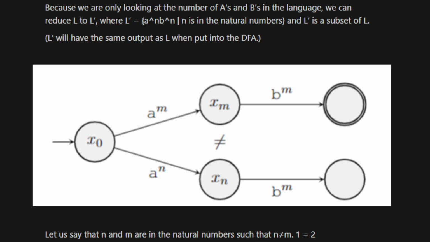Because there's no bound on n, and n is in the natural numbers, and the natural numbers are countably infinite, we can say that xm and xn are inequivalent.